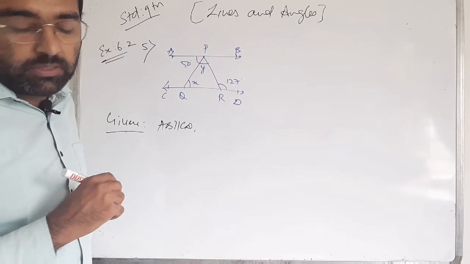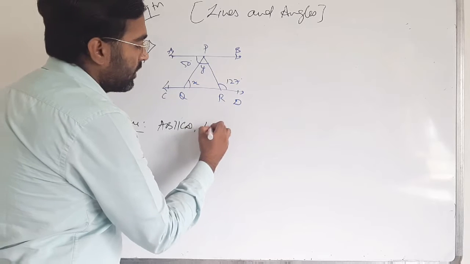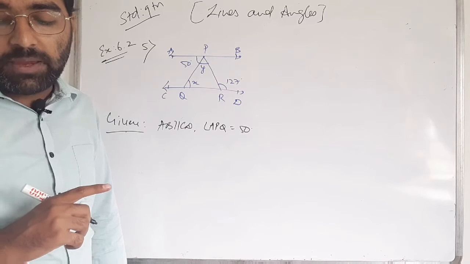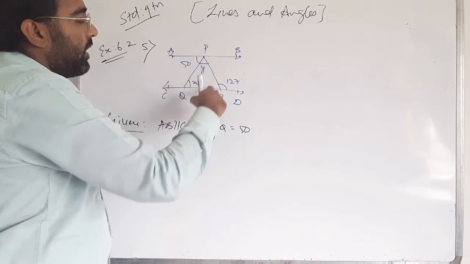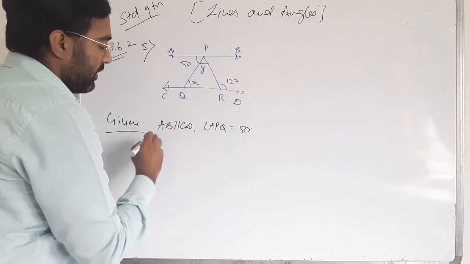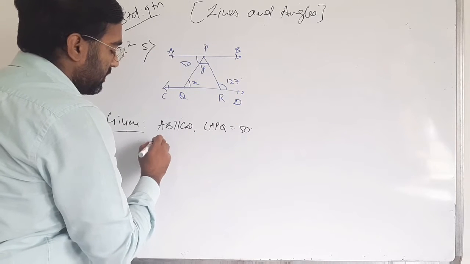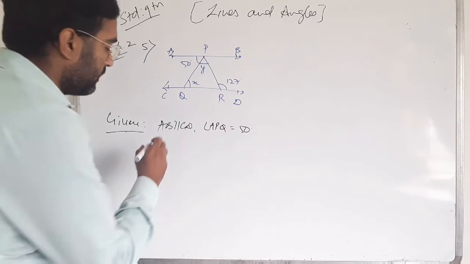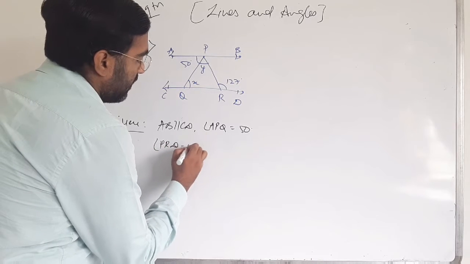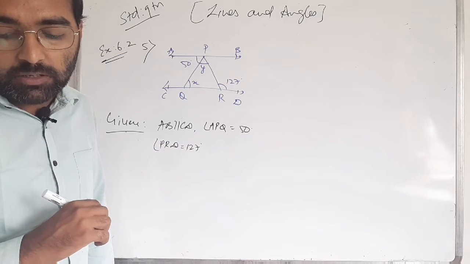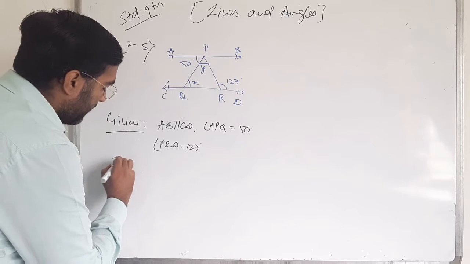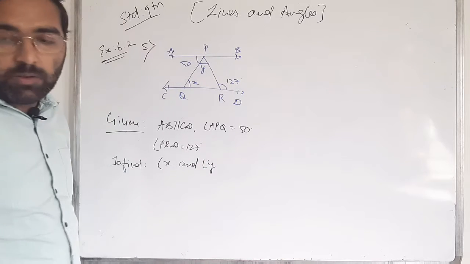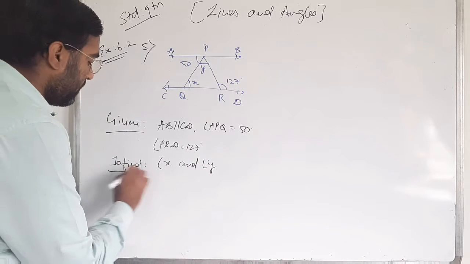Second, angle APQ is equal to 50 degrees. Next, angle PRD, this external angle PRD, is equal to 127 degrees. Then we have to find angle X and angle Y.